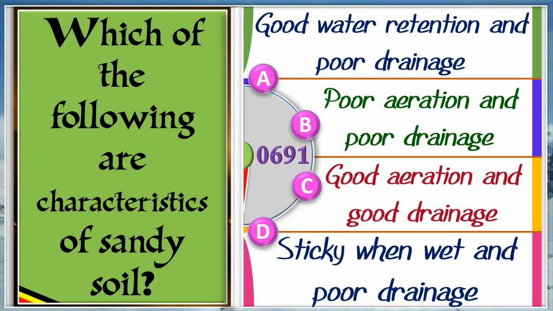D. Sticky when wet and poor drainage. And the answer is C. Good aeration and good drainage.